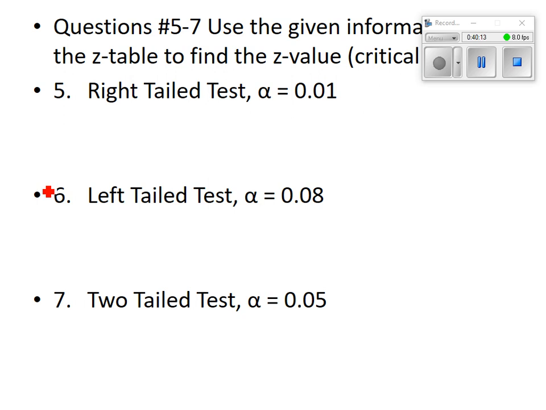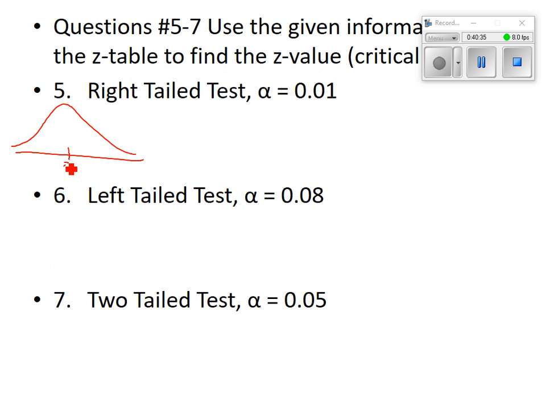Number 5 through 7. Use the given information and the Z table to find the Z values, the critical values. So number 5, we have a right tail test, and you do not have to draw it on this one, but I like drawing it every time.